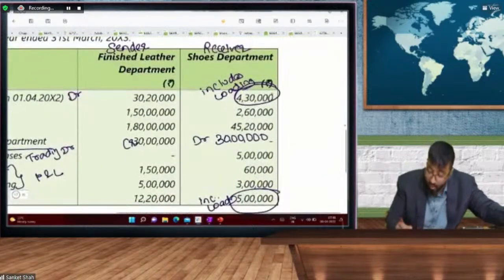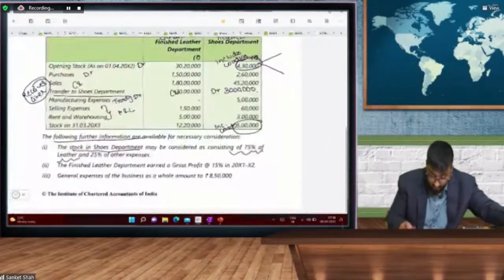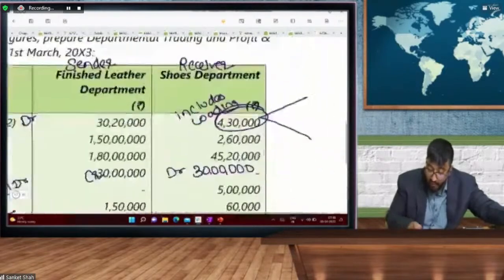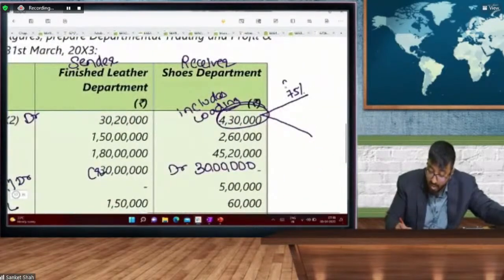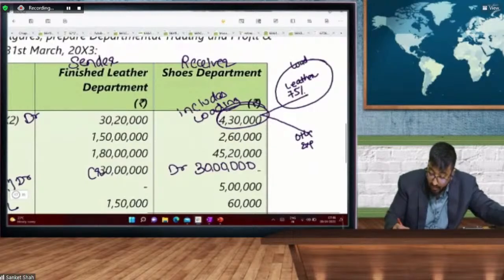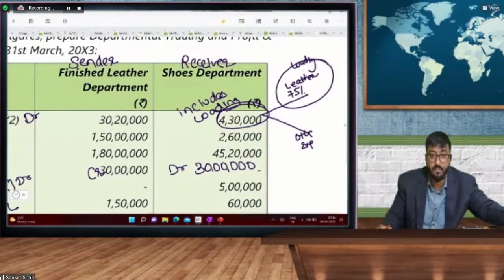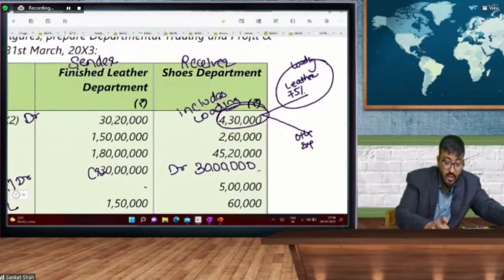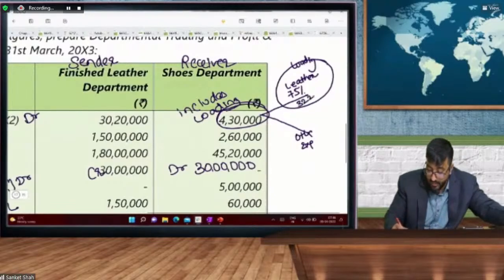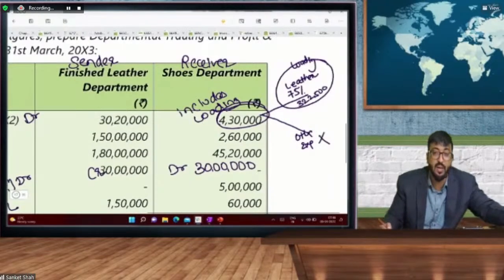So beta, out of this 4,30,000, 75% they received from the leather department, and the remaining is other expenses. So 4,30,000 into 75%. We are not interested in the other expense part because it does not include any loading. So loading is in 75%.